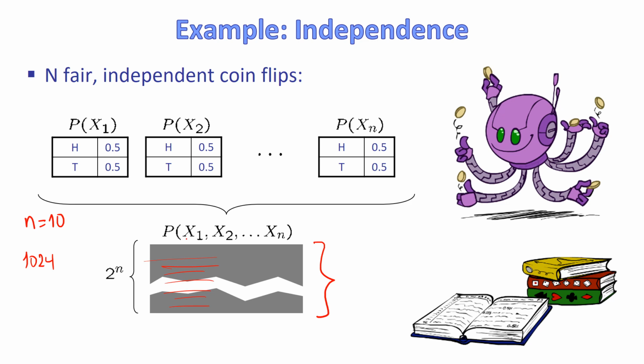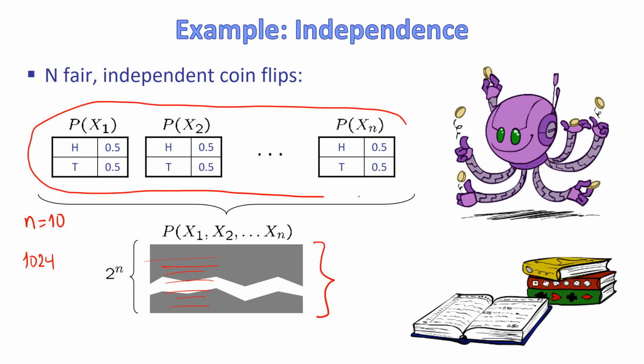Now, knowing that x1 is independent of x2, independent of x3, up to xn, then we just need these n tables, one for each. And each one has 2 entries only. So in total we will have 20 entries instead of 1024. That's a huge difference. Why do we only need these tables?